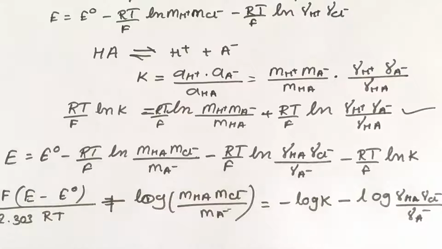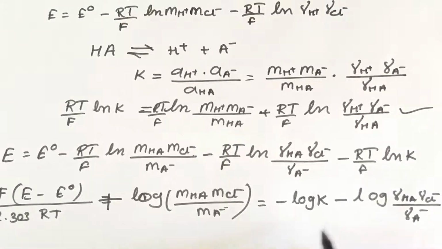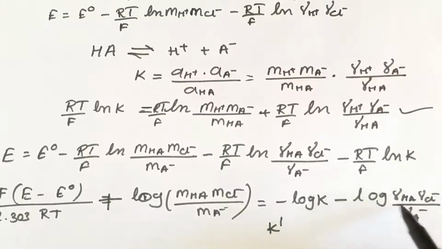So this will be the representation, and the right hand side of this particular relationship can be set equal to log K dash, because these activity coefficients are also constant. So both these terms, this is also constant, this is also constant, can be combined and written as log of K dash.